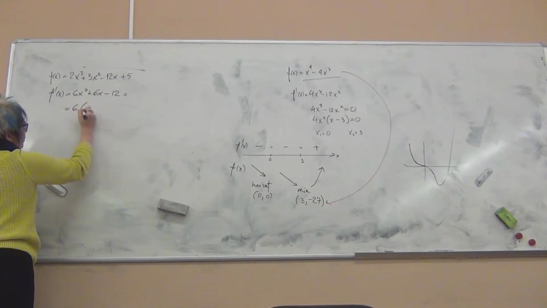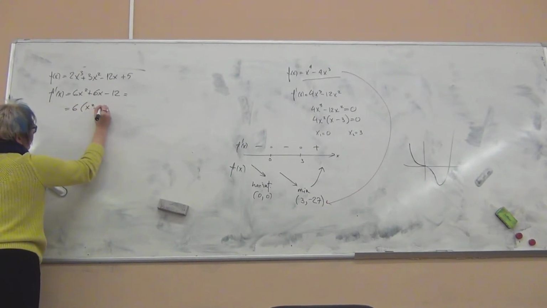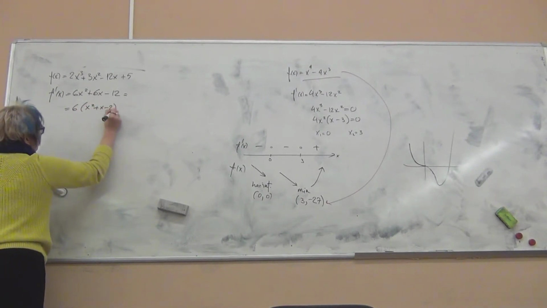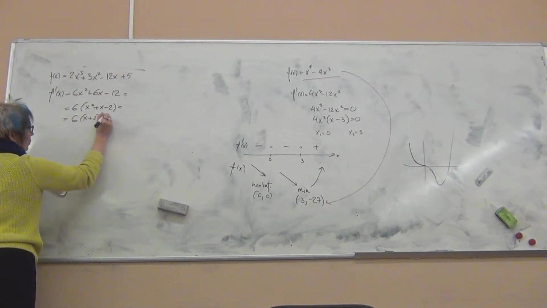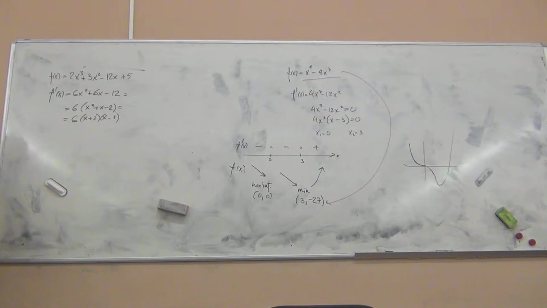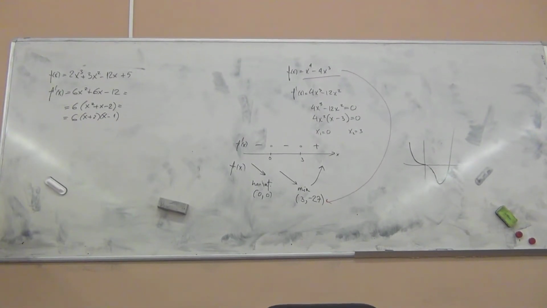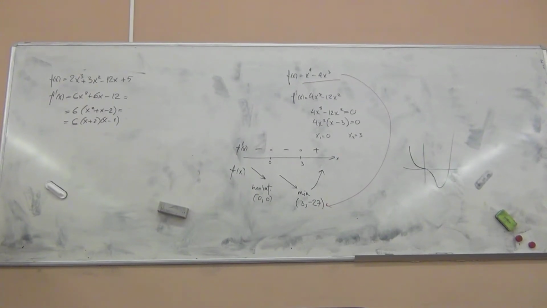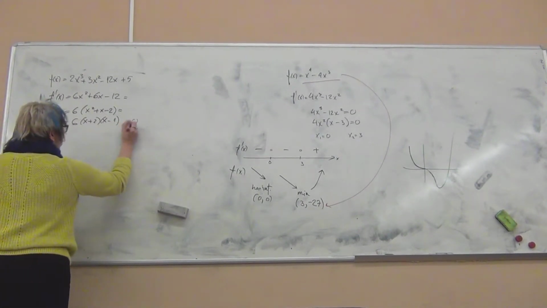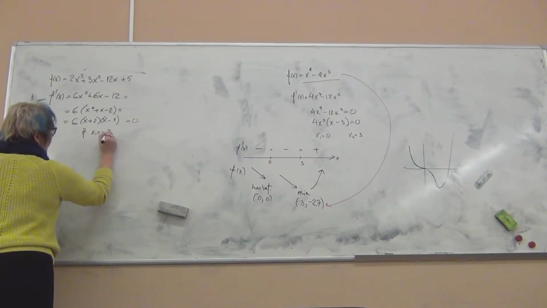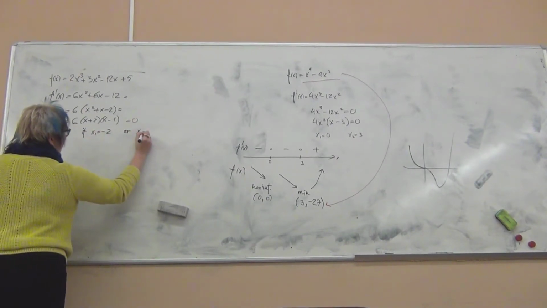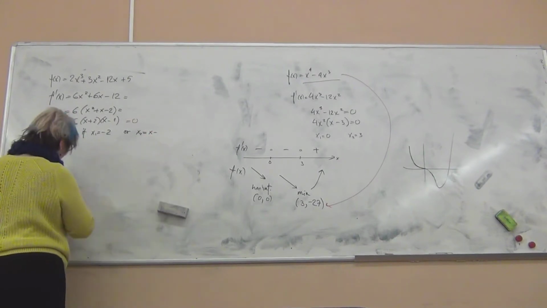I take 6 out, x squared plus x minus 2, and I can factorize it further, x plus 2, x minus 1, because this way I can already see the zeros of the derivative. I can already see that the derivative will be equal to 0 if x is minus 2 or if x is 1.